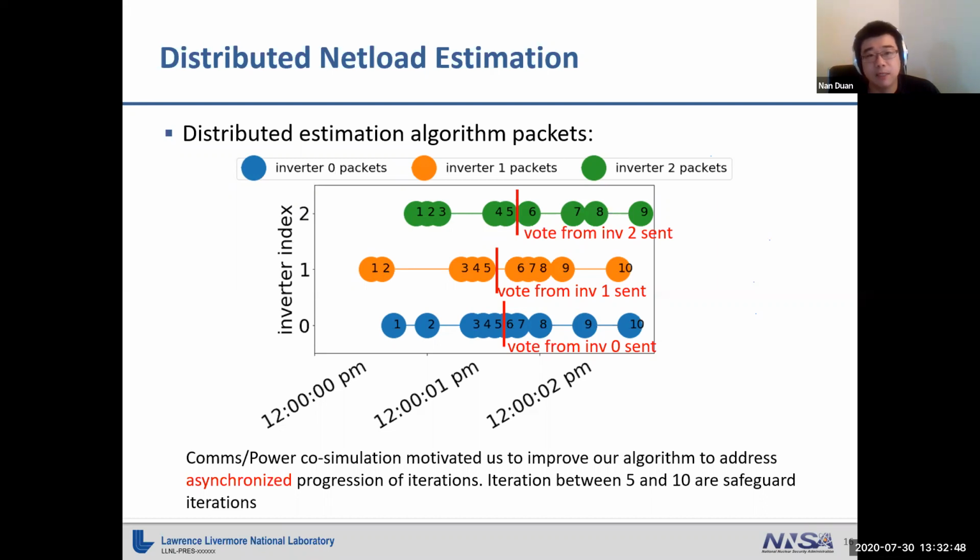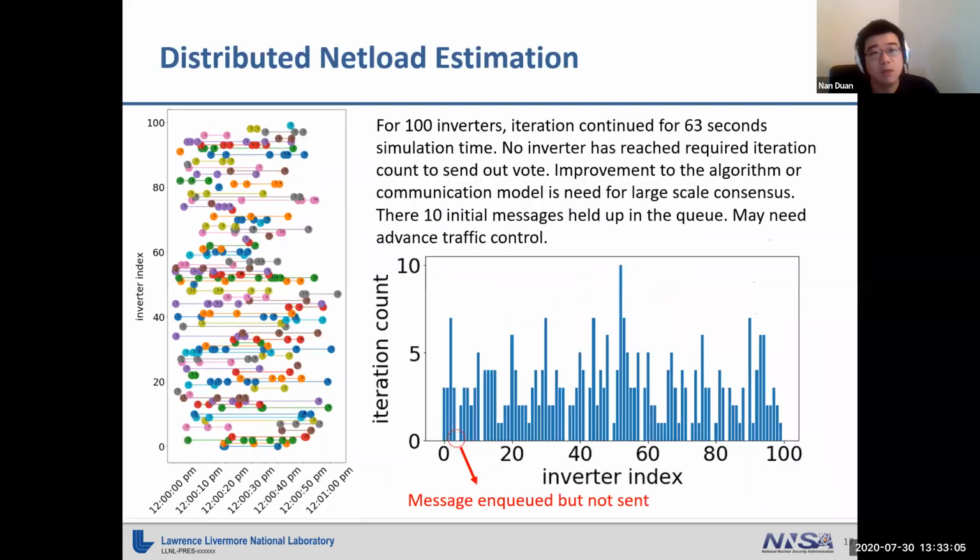So pretty much you see two of them reached the 10th iteration, but one of them only reached the 9th iteration. But since we put a buffer zone there, we make sure everyone will do some extra iterations, making sure everyone will converge. And that's good for a small case.